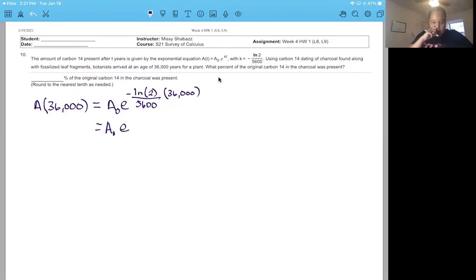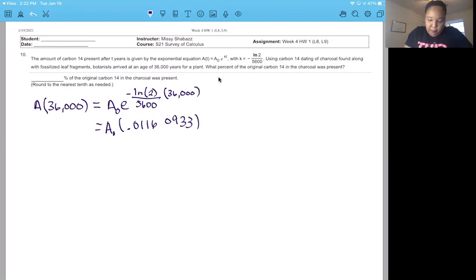So, well, I think that's rounding for me. So let's just go ahead and plug it in all together. So I have e to the negative natural log of 2 times 36,000 divided by 5,600 equals 0.0116093.